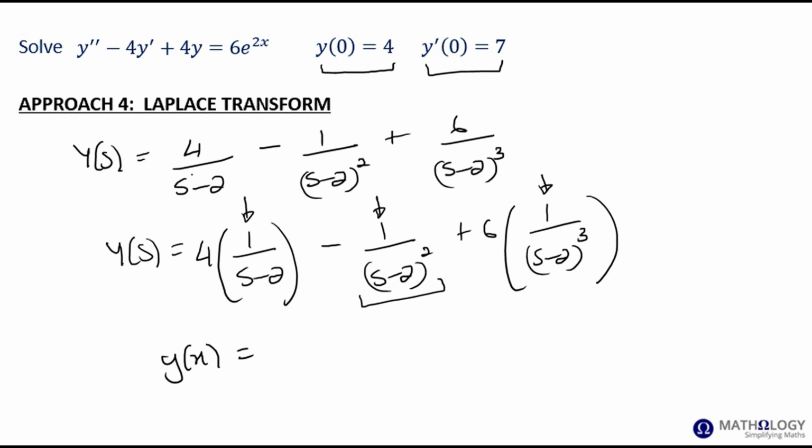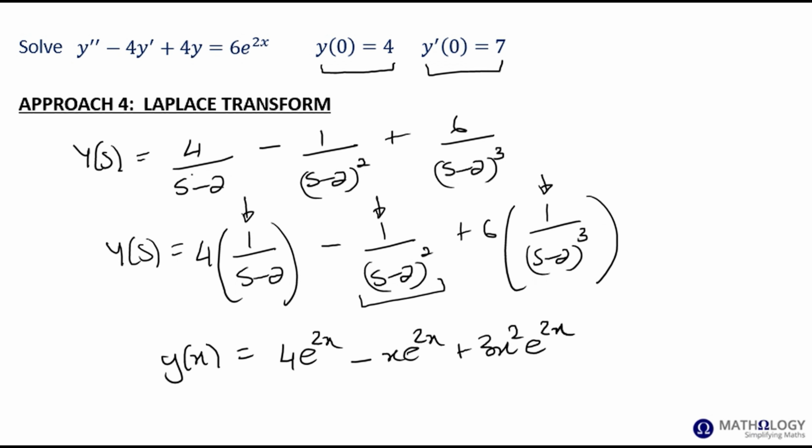So y of x equals 4e to the 2x minus x e to the 2x plus 3x squared e to the 2x. Now this looks different to the general solution we obtained for this differential equation using the other three methods, and that's because it's an initial value problem. So if we apply these initial conditions to the solution we obtained previously, we're going to get this solution over here. So we're actually going to do that.